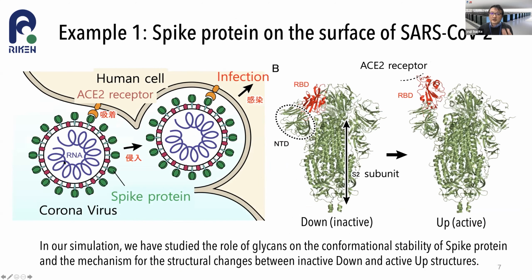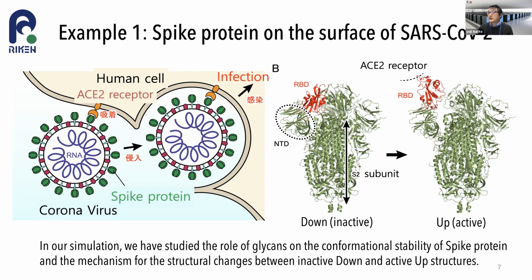As you may know, the virus has many spike proteins on the surface, and they are very important for the initial virus entry into the human cell. The human receptor can bind the spike protein in its active form, and then infection starts. This is the essential initial step of SARS-CoV-2 virus entry into the human cell.